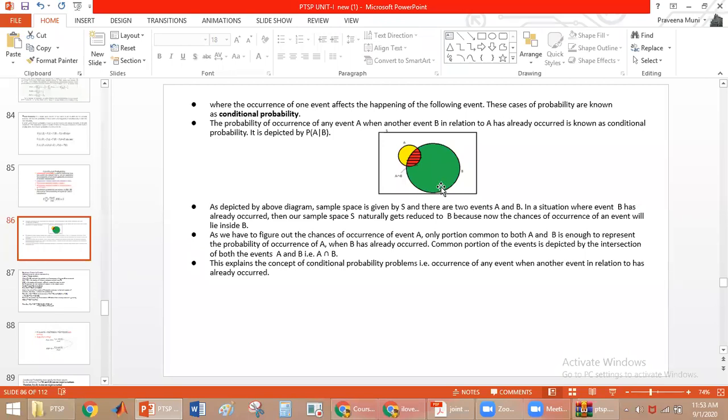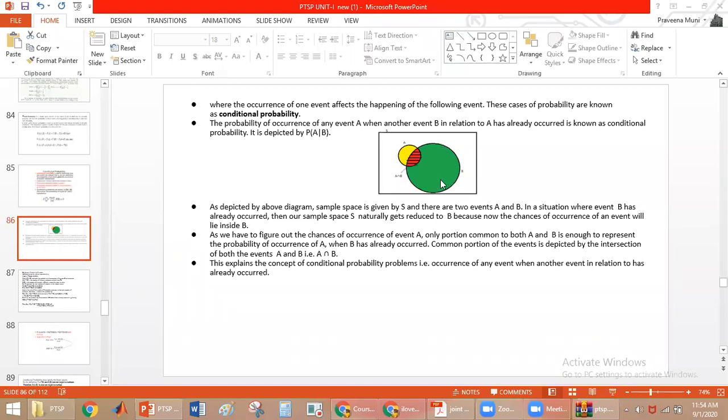Whenever we are finding conditional probability, we no need to consider the complete sample space. See here the sample space is given by S, where there are two events A and B. In a situation where B has already occurred, our sample space S naturally gets reduced to B. Now you no need to consider the sample space because B has already occurred.